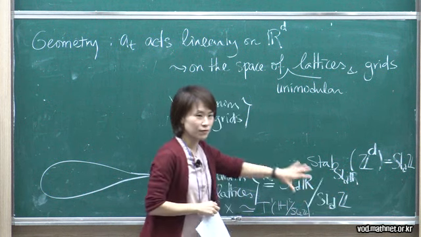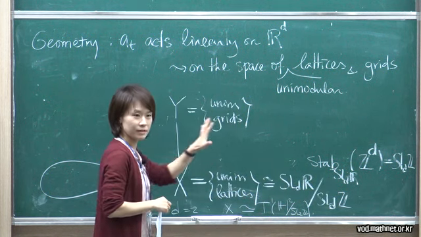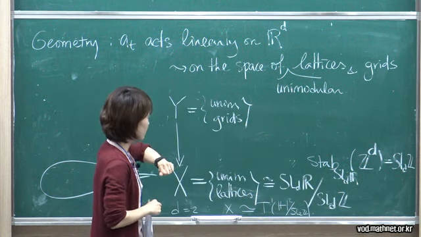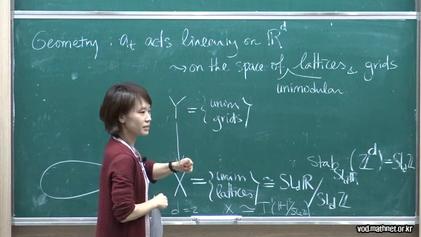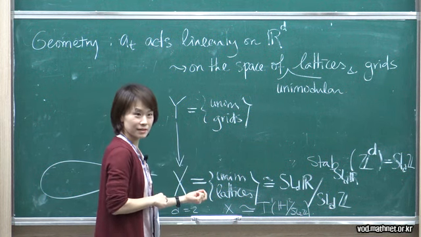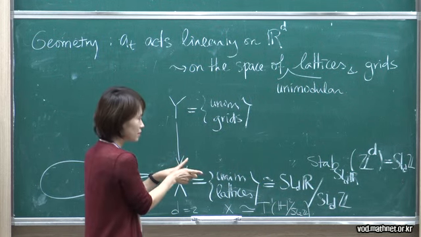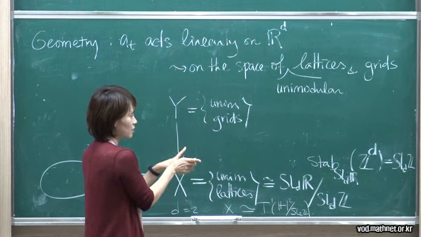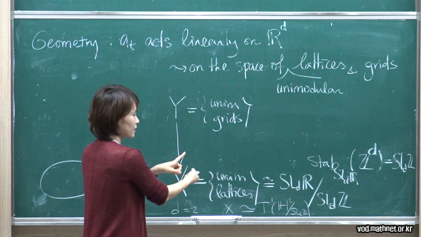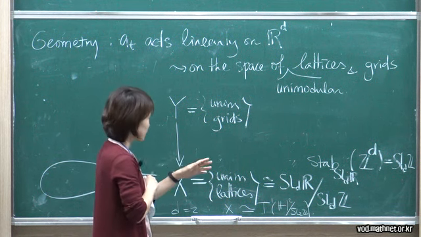Now think of SL_d(R) mod SL_d(Z), but for each lattice you can translate. But how much freedom do you have? Exactly the freedom of R^d mod that lattice, right? If you translate by two vectors which are the same up to a vector in the lattice, then you get the same translates, right?